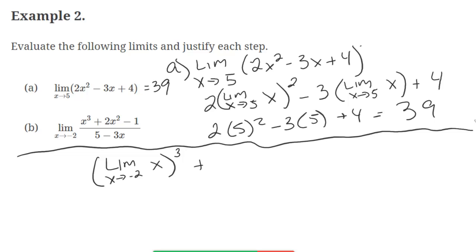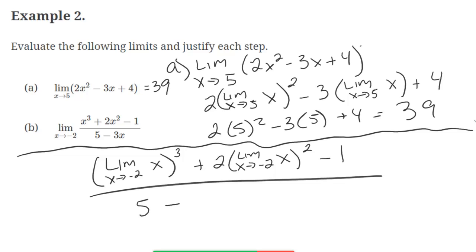In essence, what we end up looking at is we're really just finding the limits of the variable, all over 5 minus 3 times the limit as x goes to -2 of x. So we're literally just looking at the limit of the variable because we can pull everything else out of it.